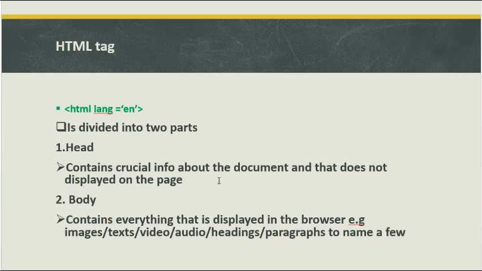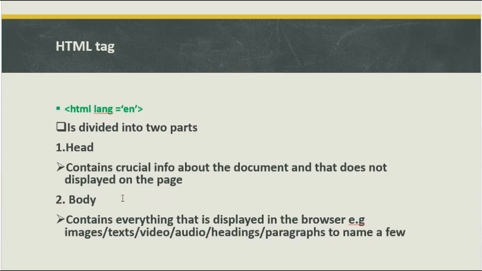Information that describes the document, for example, the purpose of the document, and it includes even the links to CSS or cascading style sheets, or the links to our scripting language. For example, the code for JavaScript, it links to those files. So those links are put inside the head, and other information concerning the document.